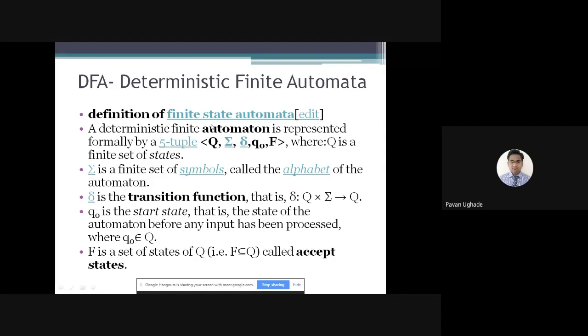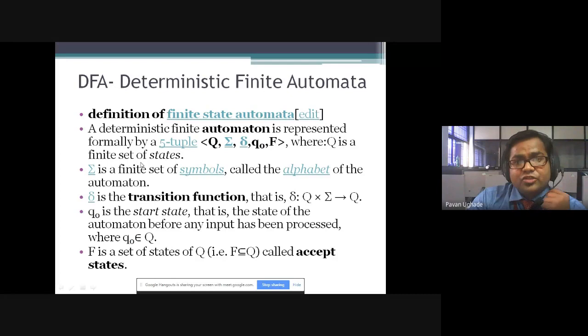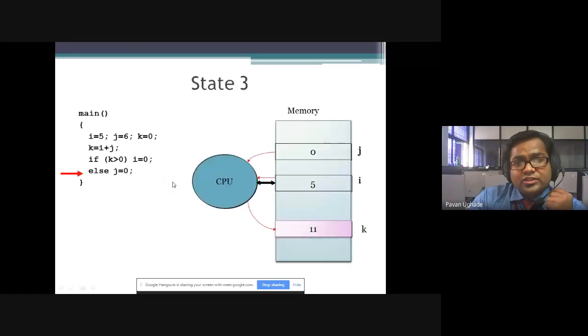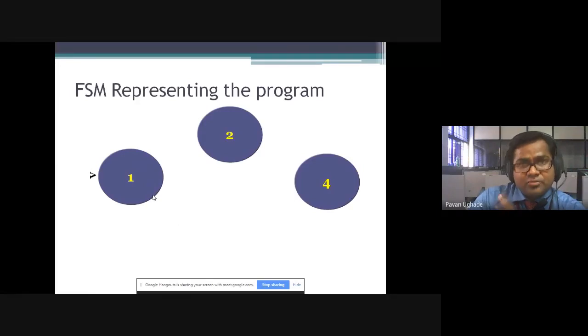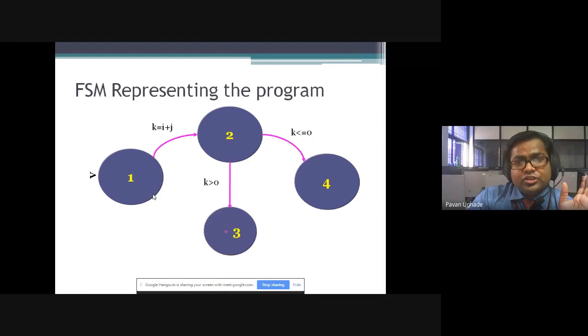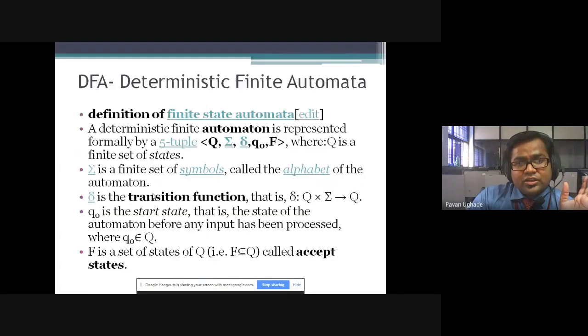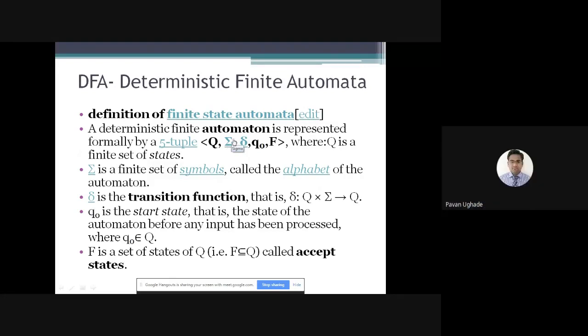Now what is the Q in this? Q is a finite set of states which we have seen here. These are the states. Without states, a finite state machine cannot be drawn. So Q represents the finite set of states. Sigma is nothing but the alphabets.